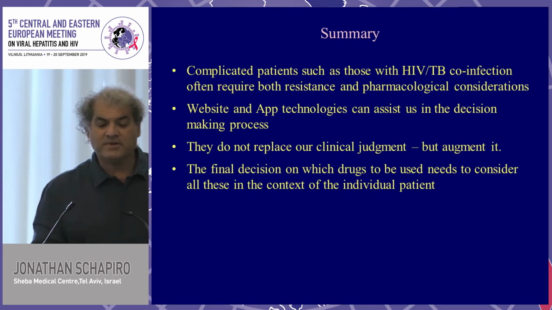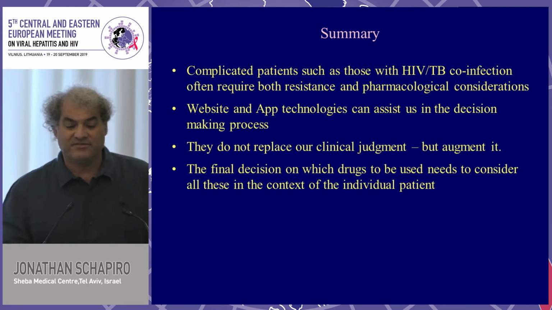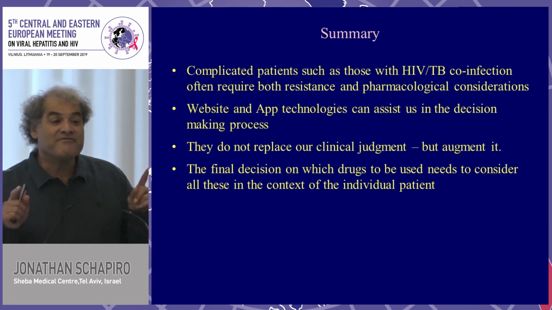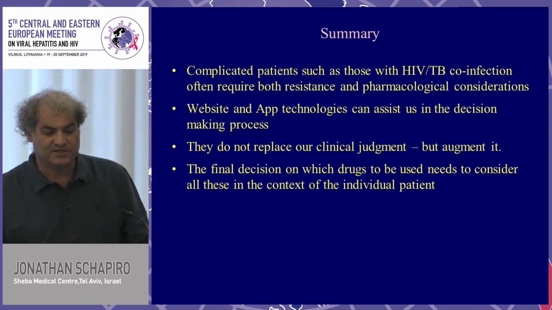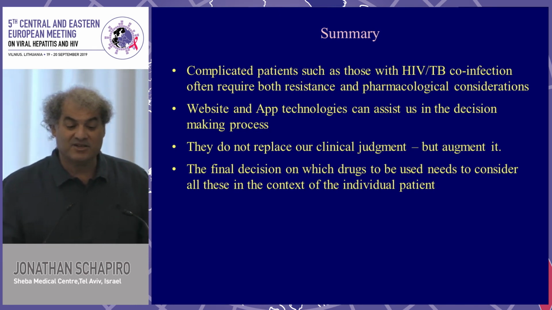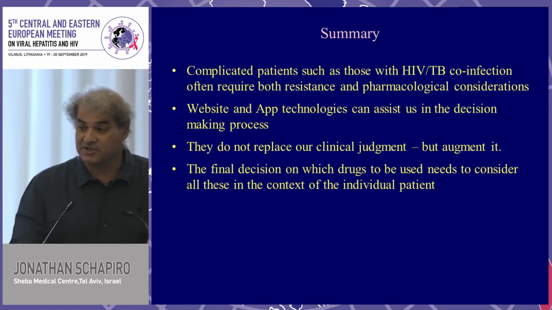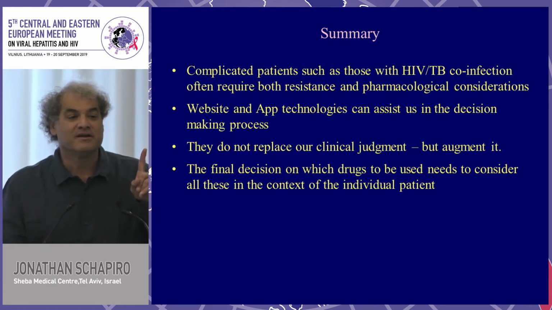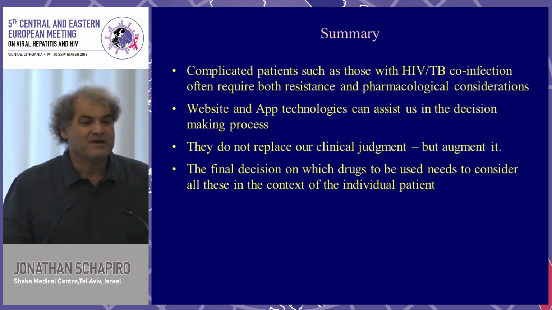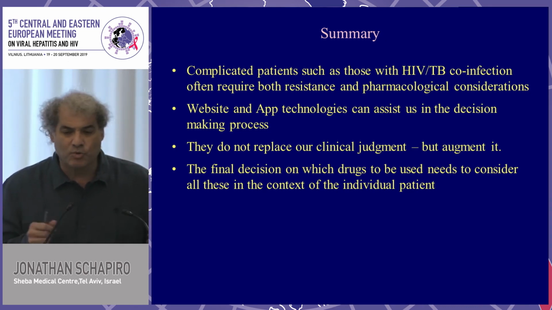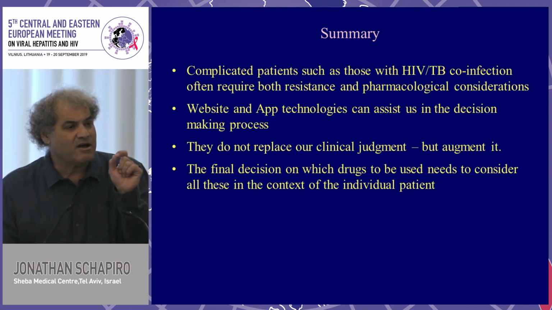So in summary, complicated patients, such as those with HIV-TB co-infection, often require both resistance and pharmacological considerations. Website and app technologies can assist us in the decision-making process, but they never replace clinical judgment. They're helping us, they're augmenting us, they're saving time, they're saving some of the tedious work, but it's still our decision.